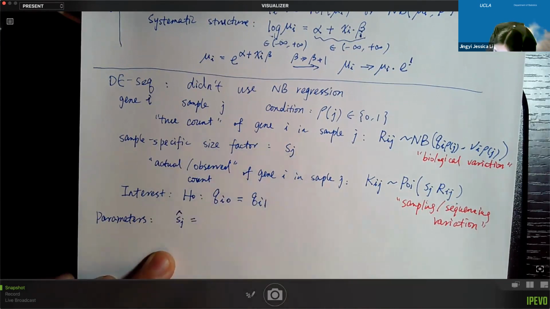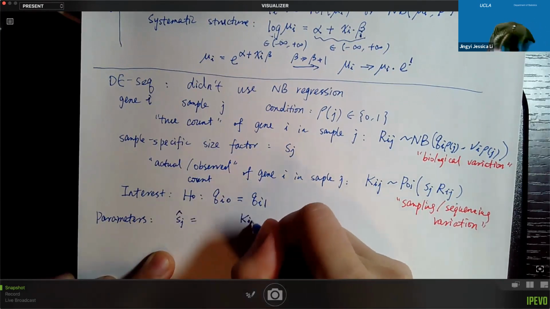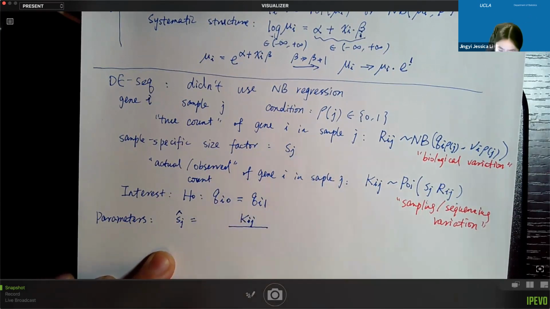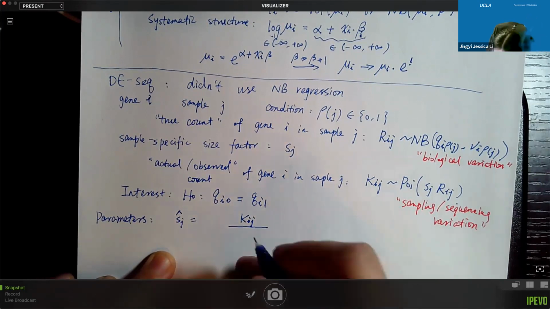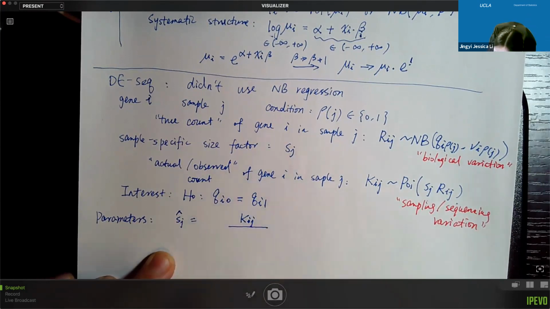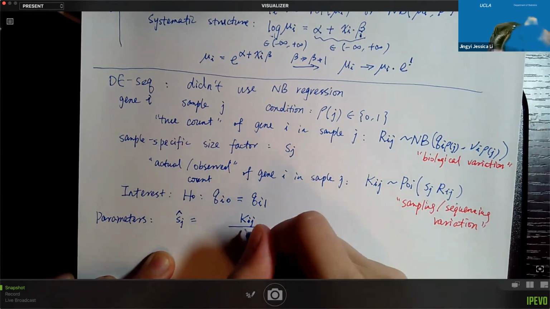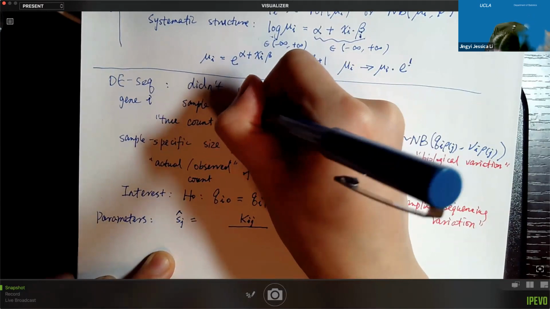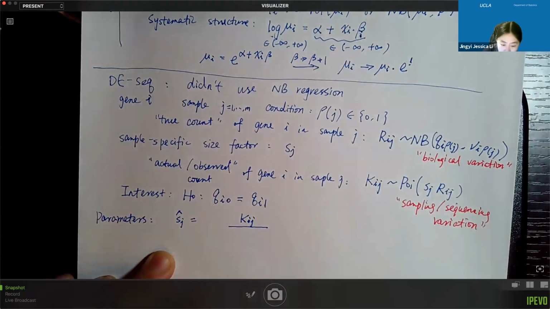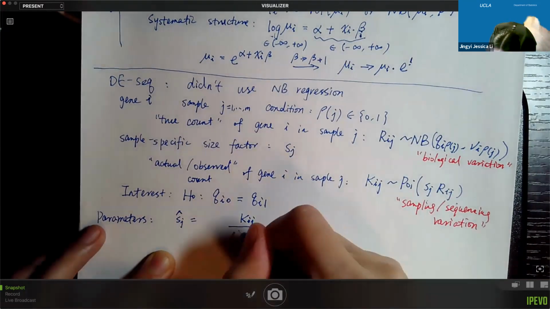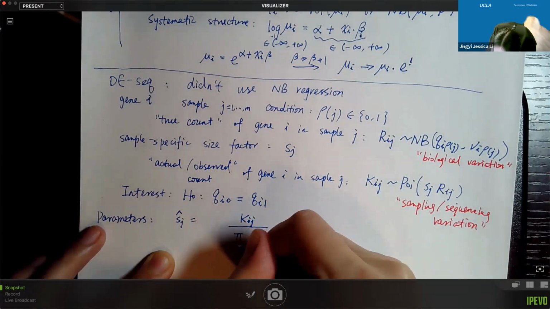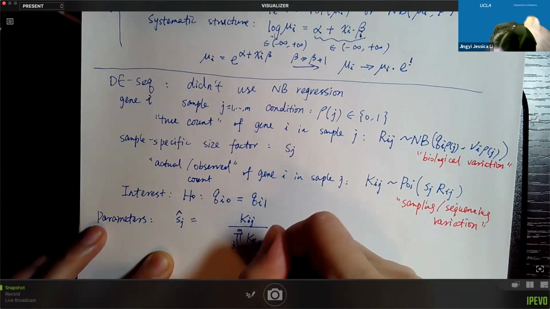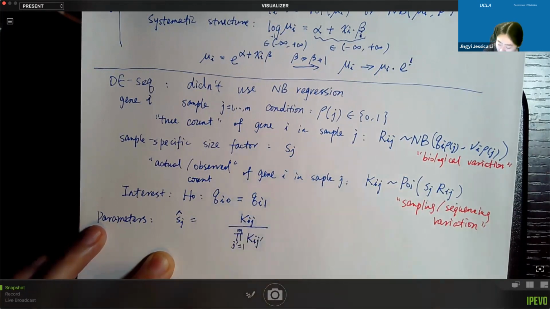For each gene I, they divide Kij by the geometric mean of Kij across samples J. So I'll just say sample J goes from 1 to M samples in total, and I'll call that J prime from 1 to M. I multiply Kij prime across all samples.